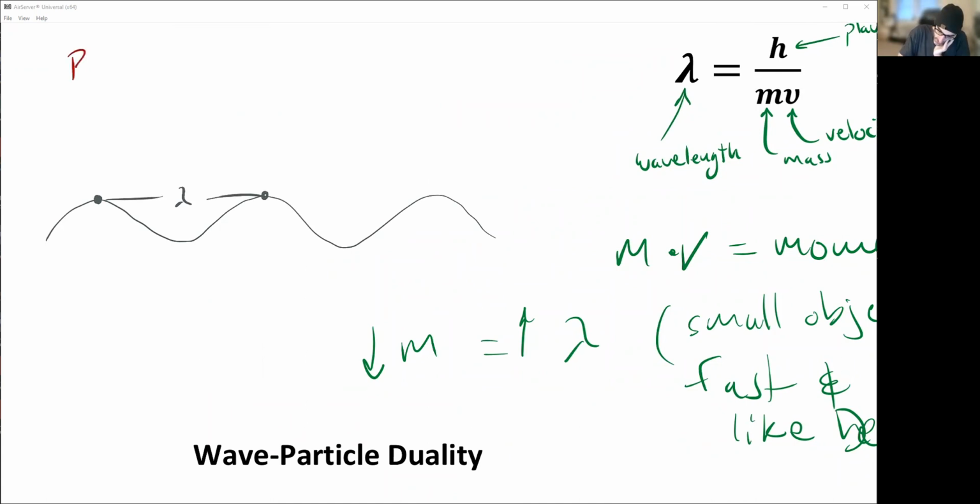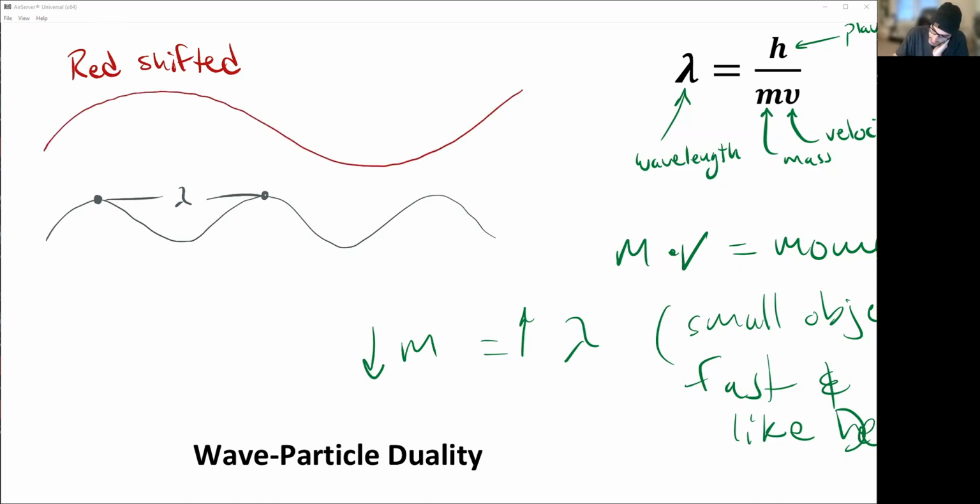If it is red shifted, the term red shift is towards a lower energy. So if the energy of this wave changed, it might look something like this. So this right here is the new wavelength. Notice that it's longer.